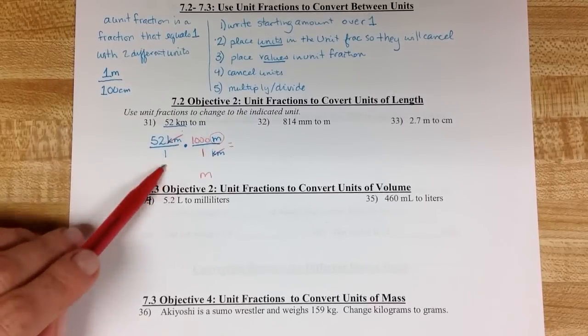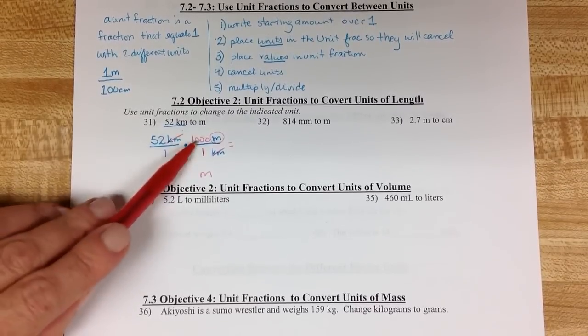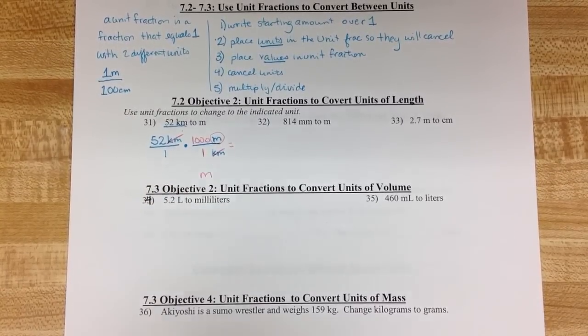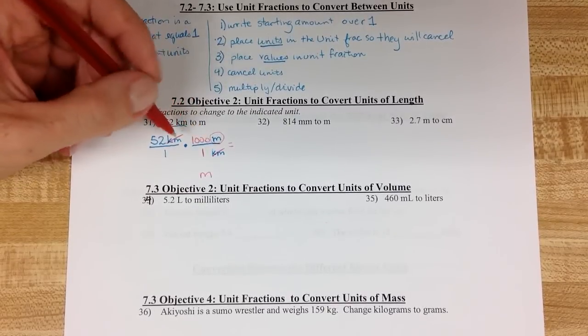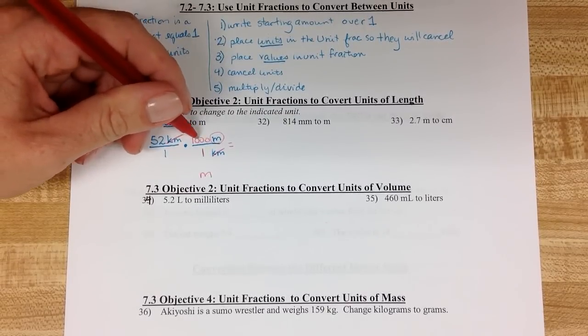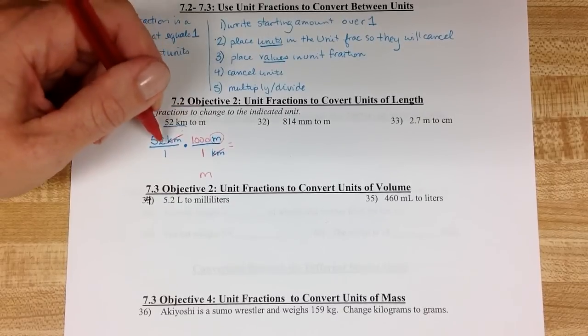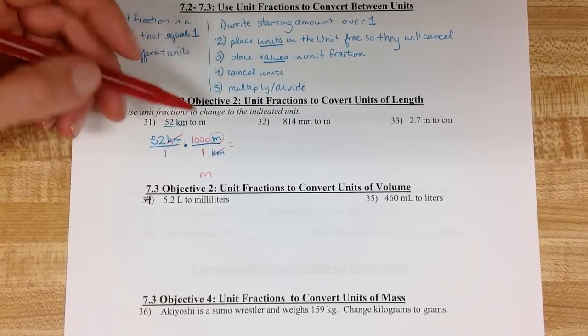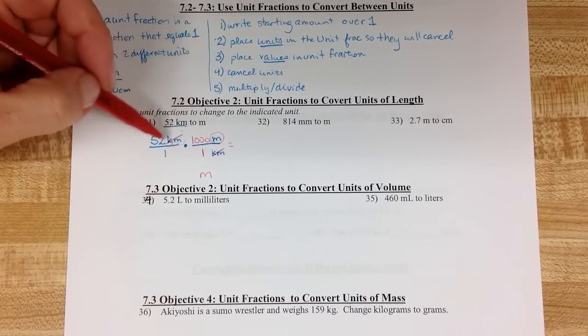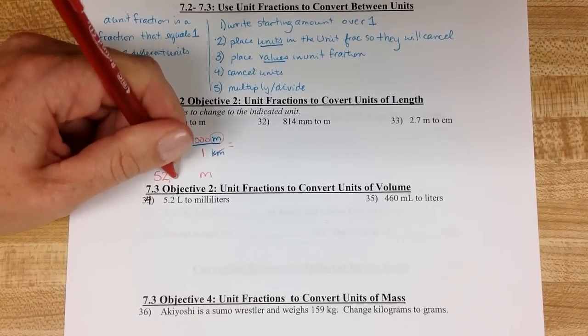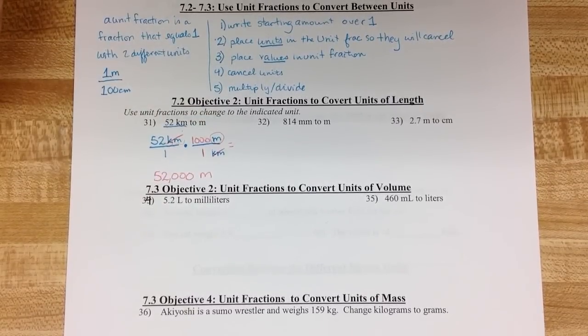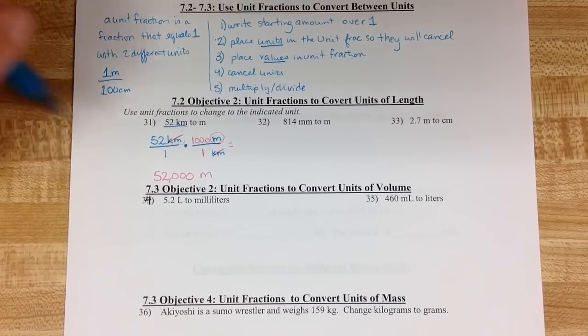And then I just do the multiplication. 52 times 1,000. To do this, you should just be using the shortcut for multiplying by powers of 10. When you're multiplying by a power of 10, you move the decimal, the number of zeros, to the right. So this number is going to become 52,000 meters.